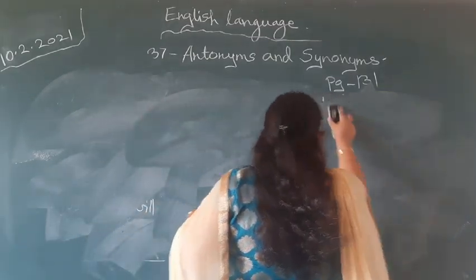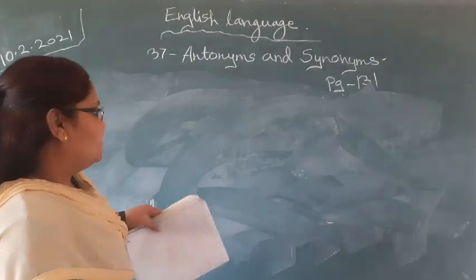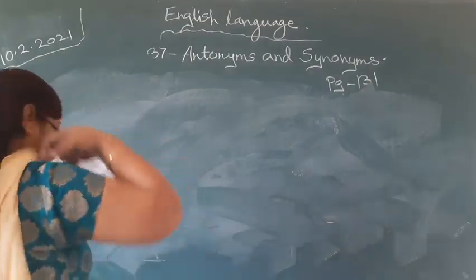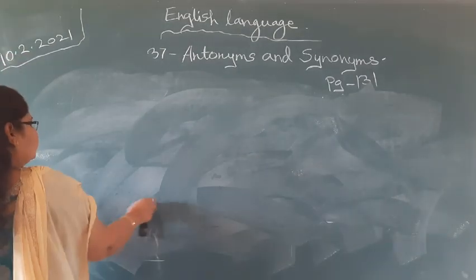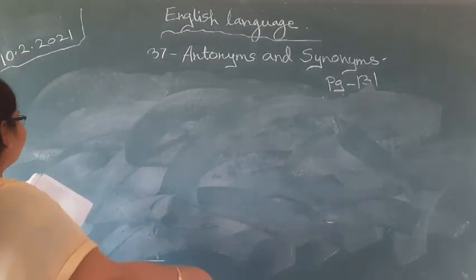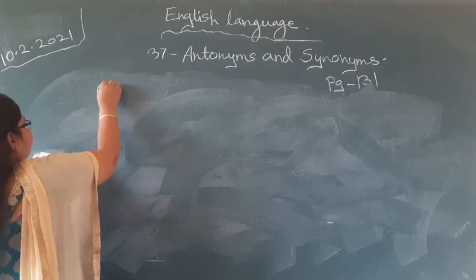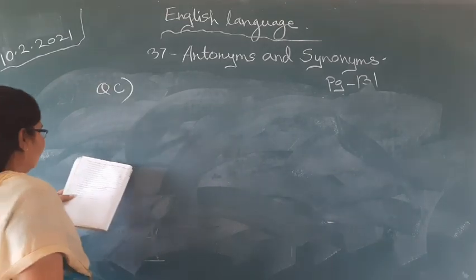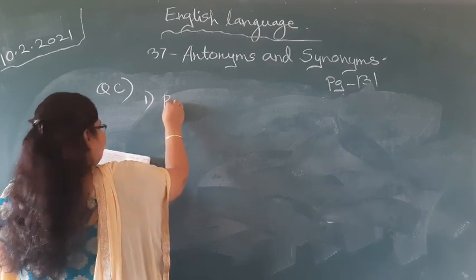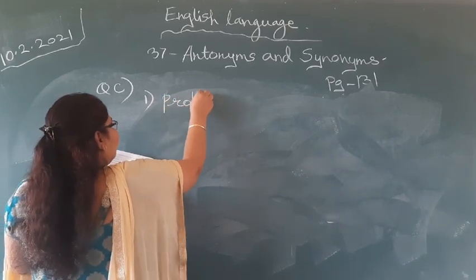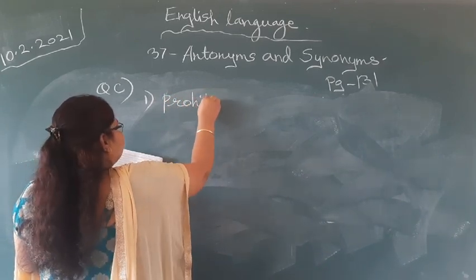We are doing the exercise on the same page, that is page 131. So, question number C. What is the first word? Prohibit.